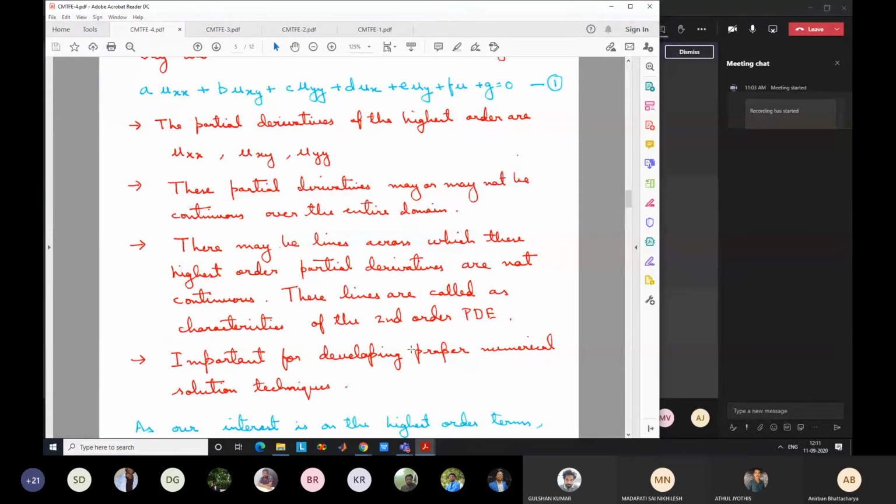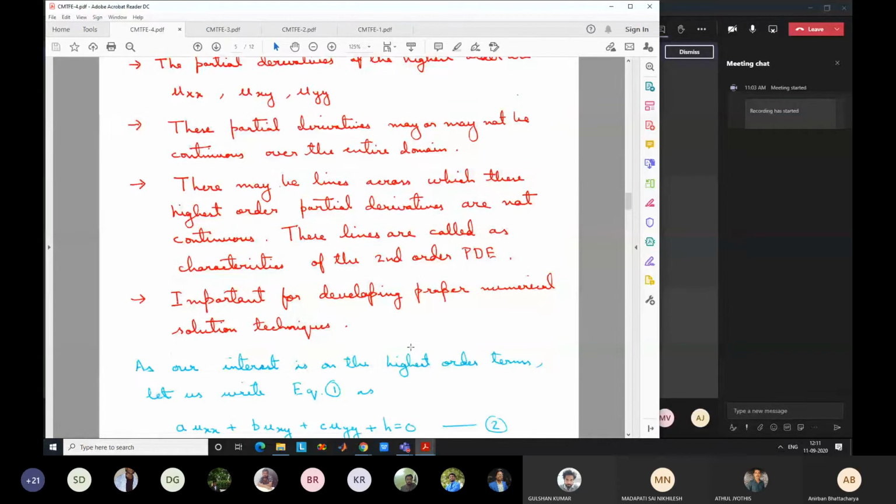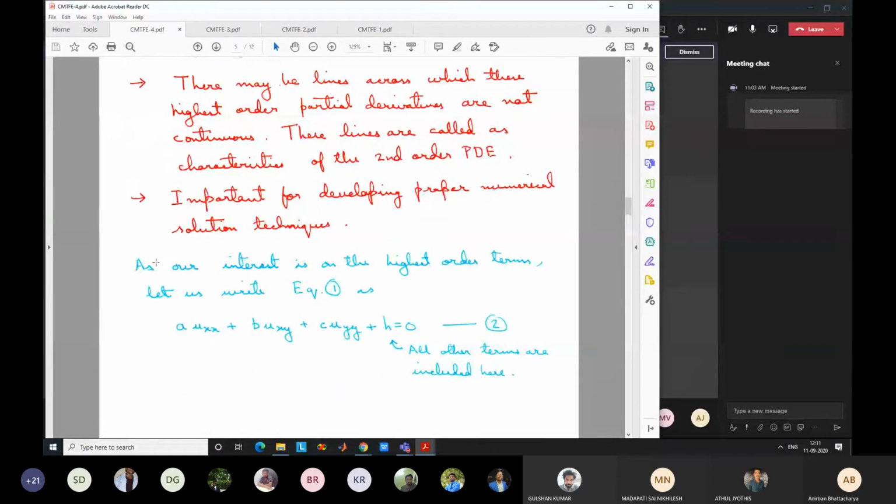For example, in the time direction there is a discontinuity. At any point of solution, if you consider a point at the present moment, there is a discontinuity at that point. So the solution in one direction cannot influence the solution in the other direction. That is why there is a characteristic line in that direction. In the time direction, it is actually a first order term, so it is actually a point if it is a 1D problem.